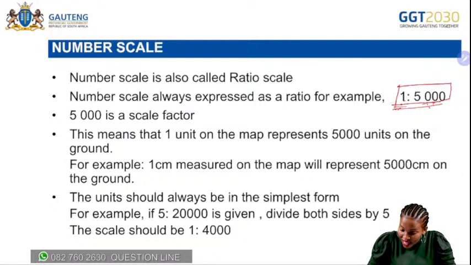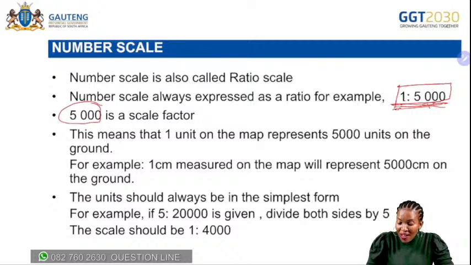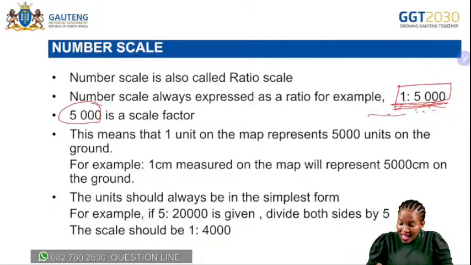Here, in this 1:5,000, this 5,000 of ours here is our scale factor. And since it is 1:5,000, it means the image here has been reduced. And it's been reduced by what? It has been reduced by 5,000 units. We don't know whether it's 5,000 centimeters, millimeters, kilometers, but it has been reduced by 5,000 units. So that is the meaning of the scale factor.